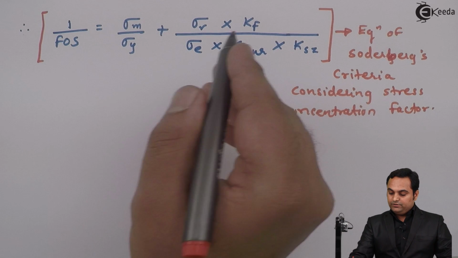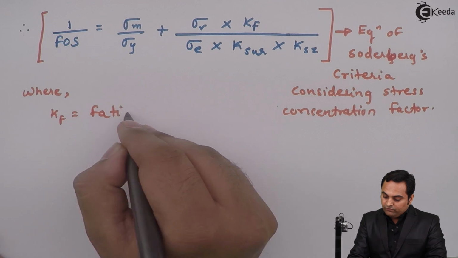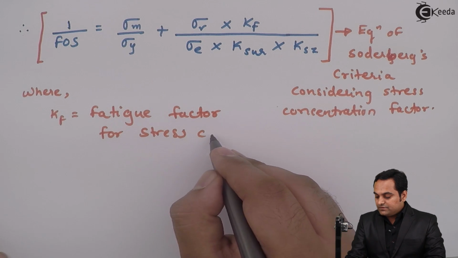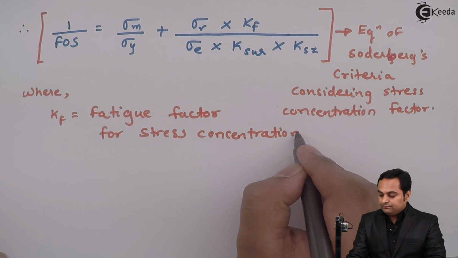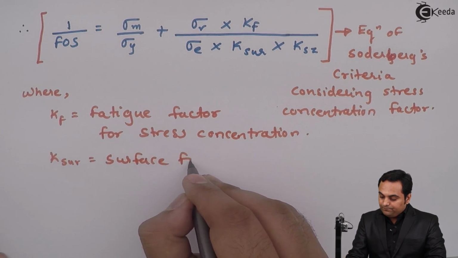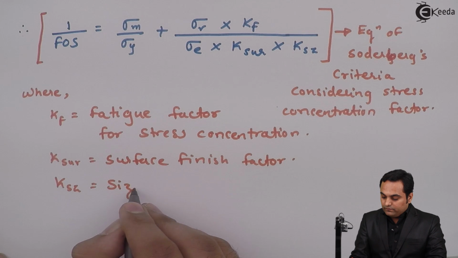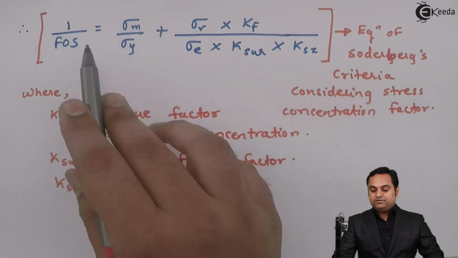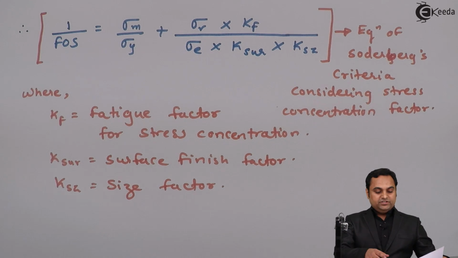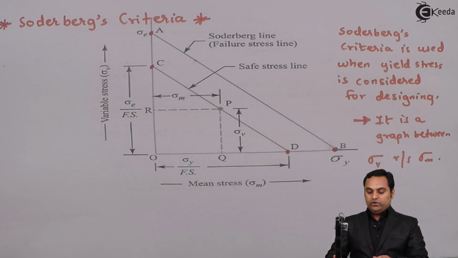And here I can write all the terms where k suffix f is equal to fatigue factor for stress concentration, k surface is equal to surface finish factor, and KSZ is equal to size factor. So this is the Soderberg equation considering all the factors, and in this video we have seen what is meant by Soderberg's criteria, Soderberg's line, and how we have derived the formula.